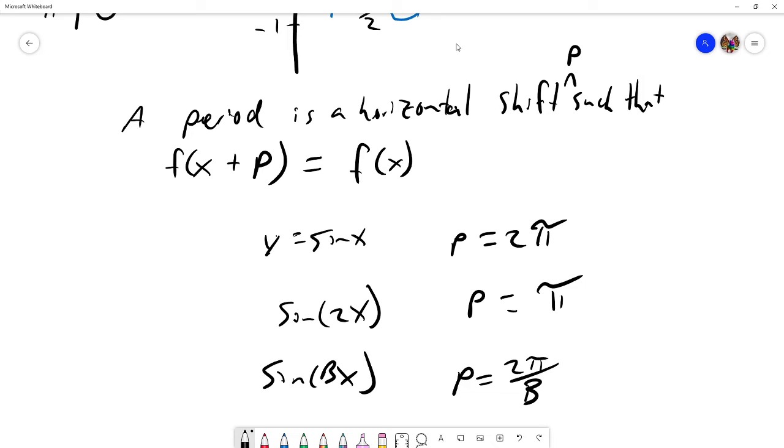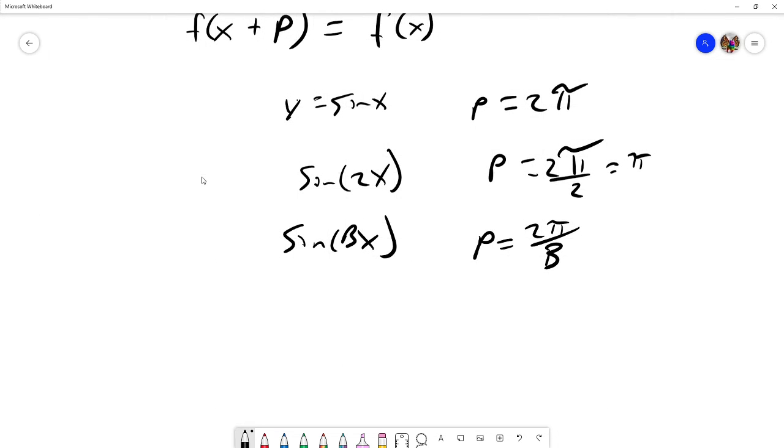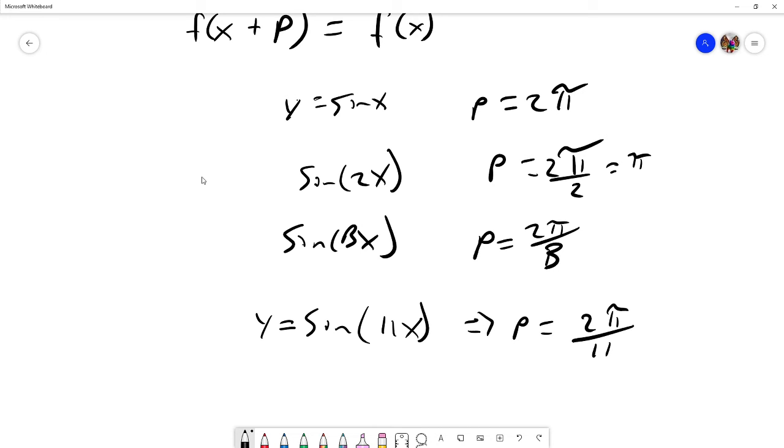So if we think about here, our quantity was 2, right? So if b equals 2, then you would have 2 pi divided by 2 giving you your pi. So if I had y equals sine of, say, 11x, then that means our period is going to equal 2 pi divided by 11. As simple as that.